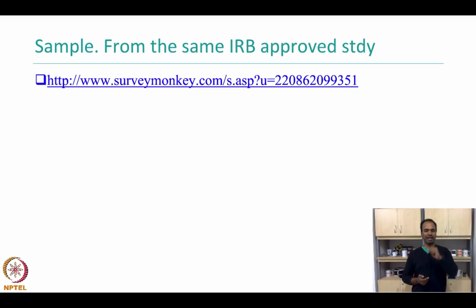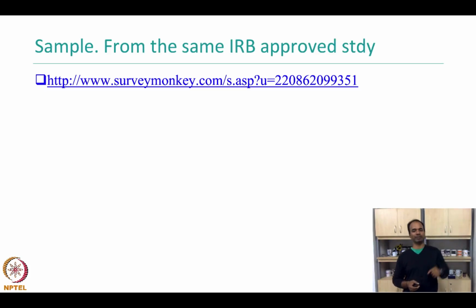So what I'll do is come back and show you the SurveyMonkey survey. It's the survey that I actually did for the IRB study that I was showing you earlier. I have a URL here. I would let you go look at it also, but I can also show you quickly what the questionnaire has. Now I will show you the actual survey that I used while collecting data from the IRB study.